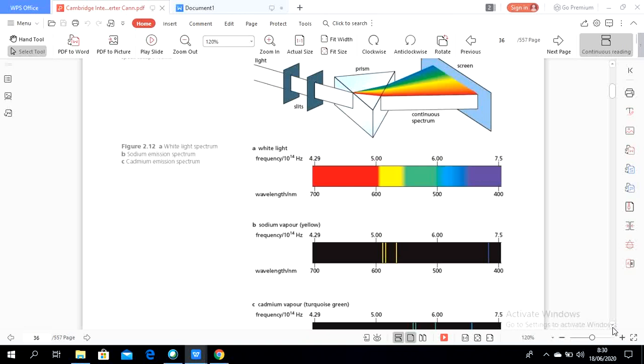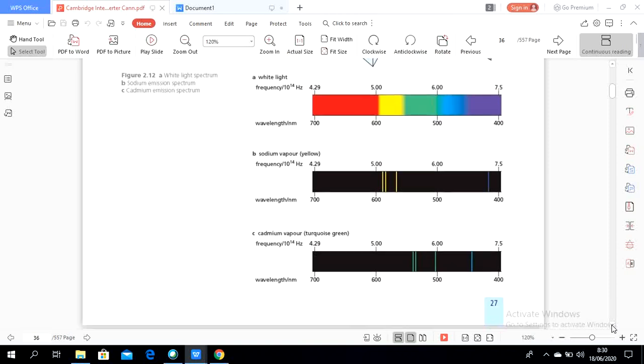These are the wavelengths of yellow color, and then this one is white light. So they have their own spectrum. Cadmium is turquoise green. There is a certain frequency.